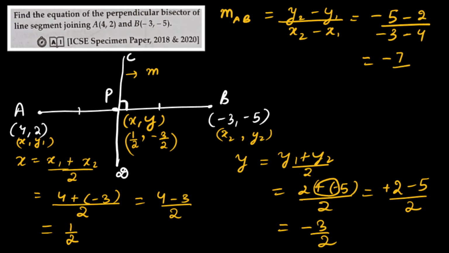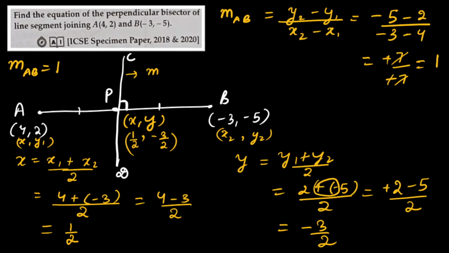So I am getting minus 7 by minus 7. So the slope of this line is 1, because the minus signs will cancel and the 7s will cancel. So we found the slope of AB is equal to positive 1.